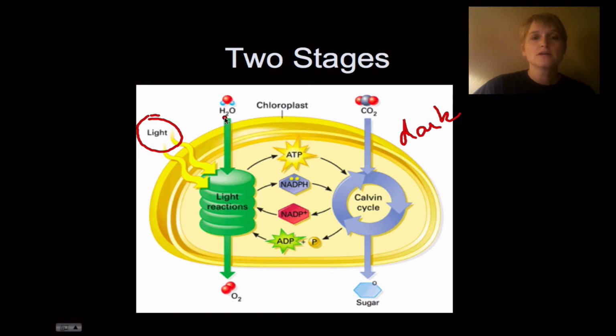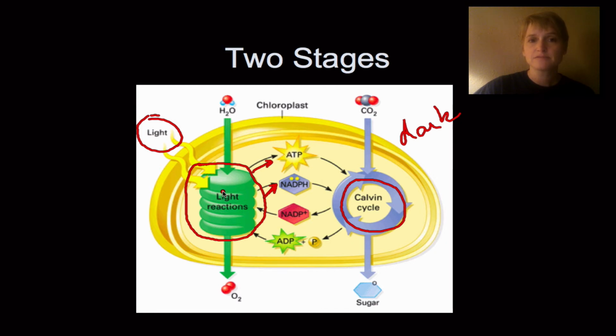All right, so what we have here is the water coming in, we have the light, we have the carbon dioxide, and inside of these thylakoids or grana, we have the light reaction occurring, and it makes what's called ATP and NADPH, and then it goes into something called the Calvin cycle, which is basically just occurring consistently.